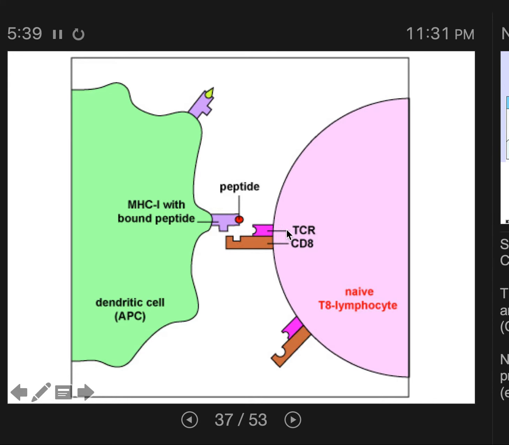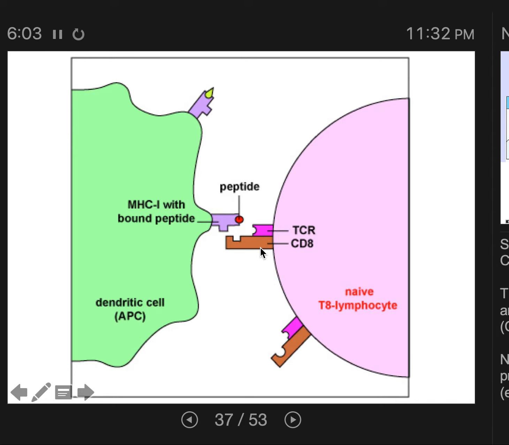One we've already talked about, this TCR, that's the T-cell receptor. So we talked in the first video about T-cell receptors and B-cell receptors and how they have this amazing specificity to bind to a single antigen from a single species of pathogen. So that's what this T-cell receptor is for. It's to bind this antigen and recognize this antigen from the pathogen that's infecting the cell.